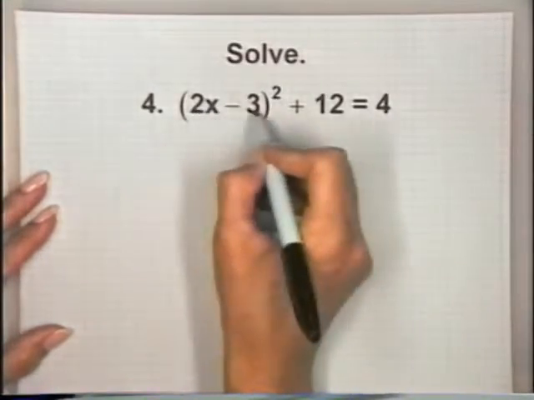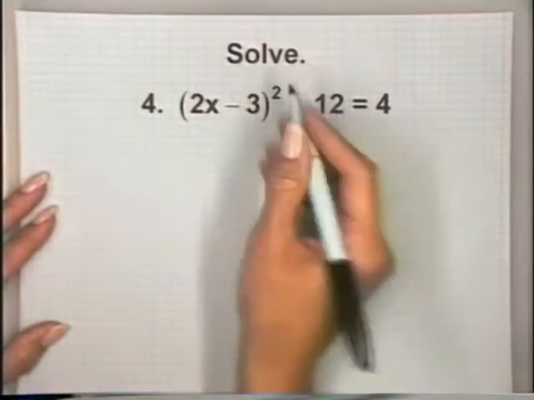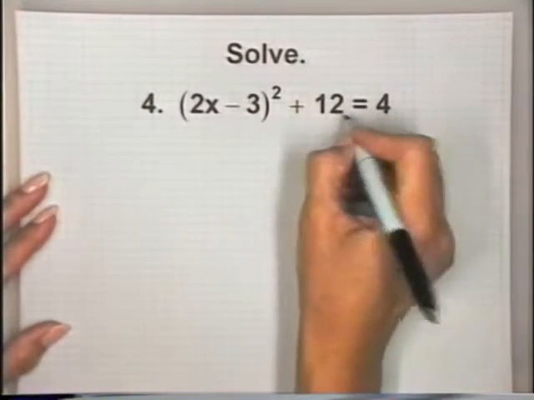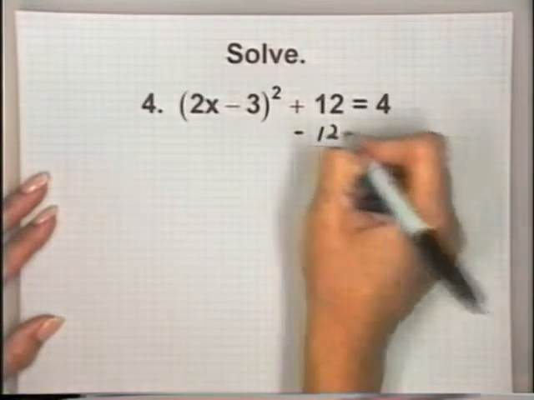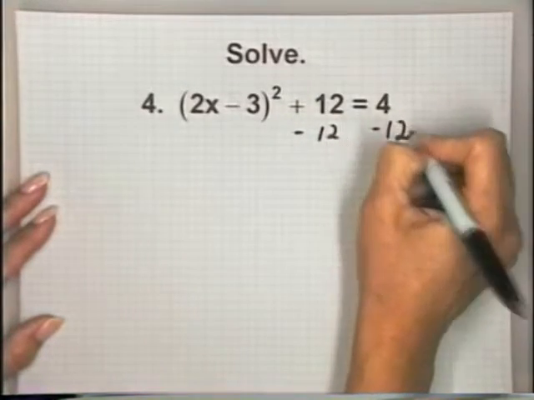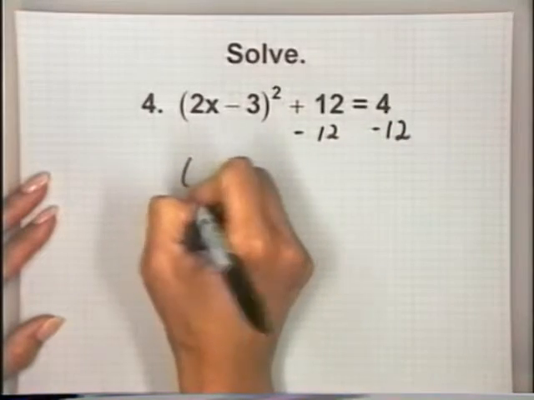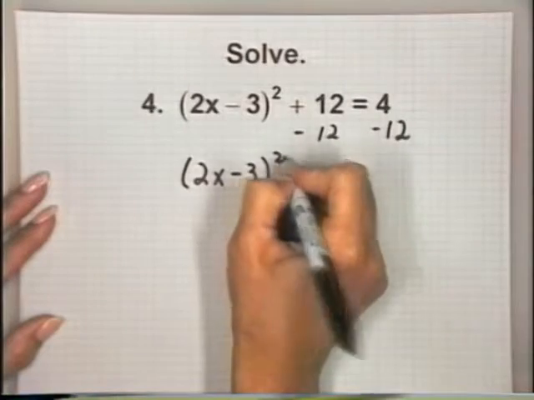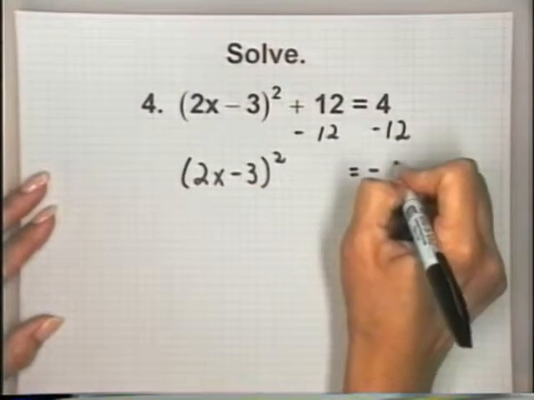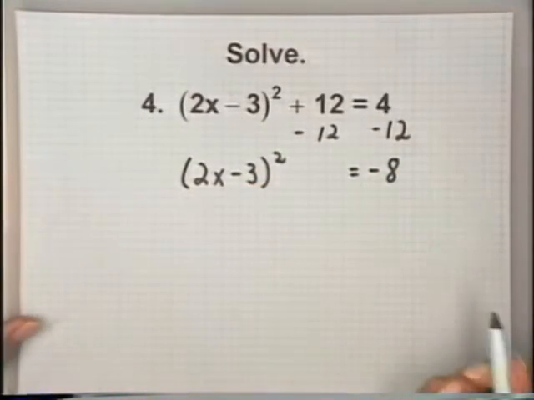So I'm going to get the 2x minus 3 squared by itself on the left side. That means I need to move the 12. I move the 12 by subtracting 12 from both sides. I'll have 2x minus 3 squared equals minus 8.